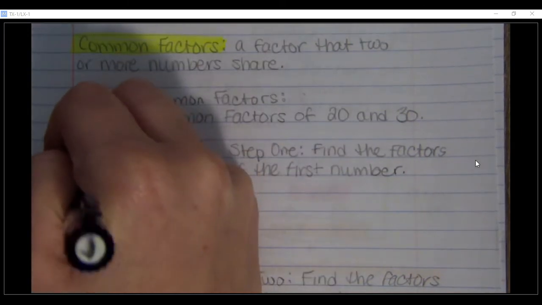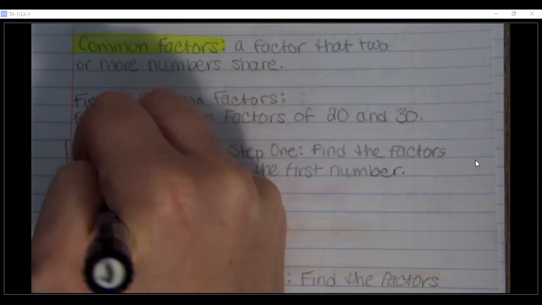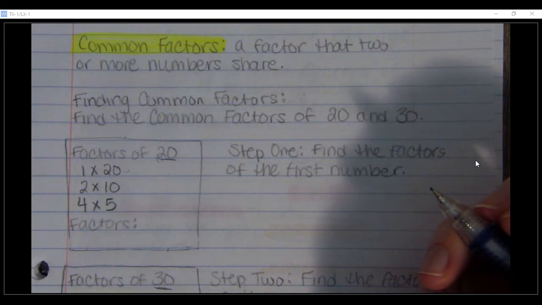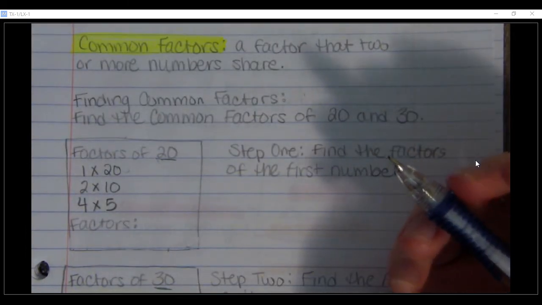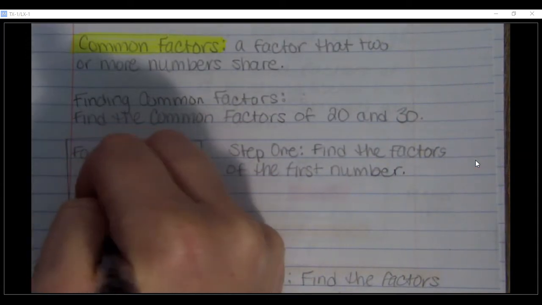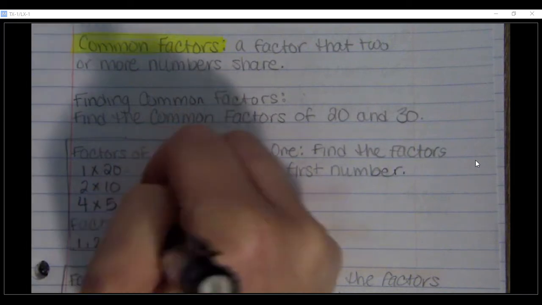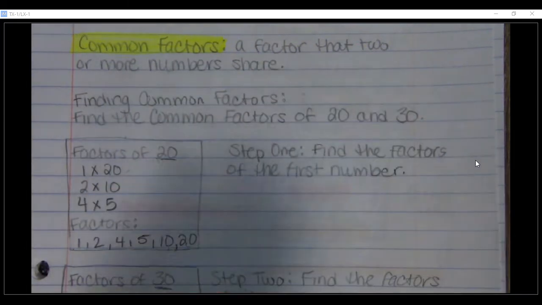But what about 4? Oh, yeah. 4 times 5 is equal to 20. And since we already have 5 written down, there's no more factors to use. So my factors of 20 are 1, 2, 4, 5, 10, and 20.